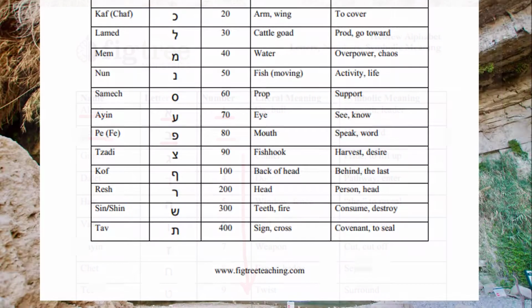If we go further down, it starts skipping 10s, 20s, all the way up to 20, 40, here's 100, all the way up to the final Tav, the final letter of the Hebrew alphabet, which signifies 400. None of us can do this in our brain, although if we spoke Hebrew and studied the Bible, we could. And we could easily look at a word and know what the numerical value is.